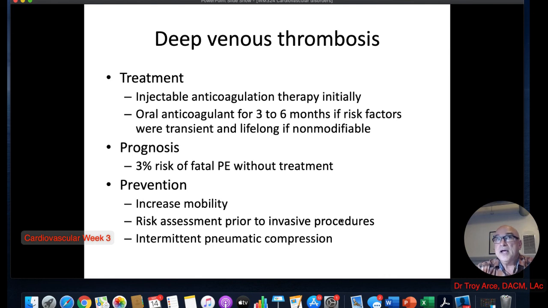Prognosis: 3% risk of fatal pulmonary embolism without treatment. So prevention: we have to increase our mobility, keep these people moving. Risk assessment prior to invasive procedures and intermittent pneumatic compression.